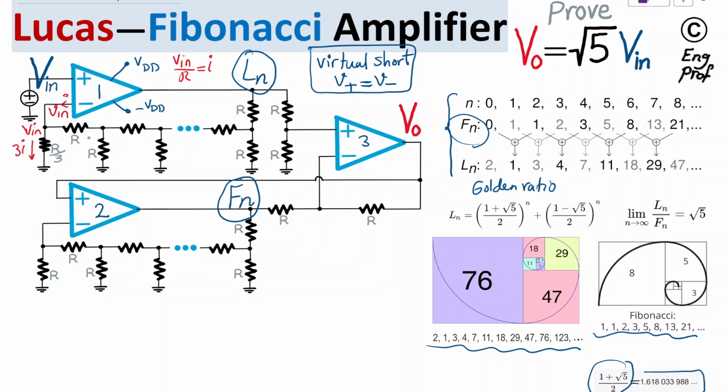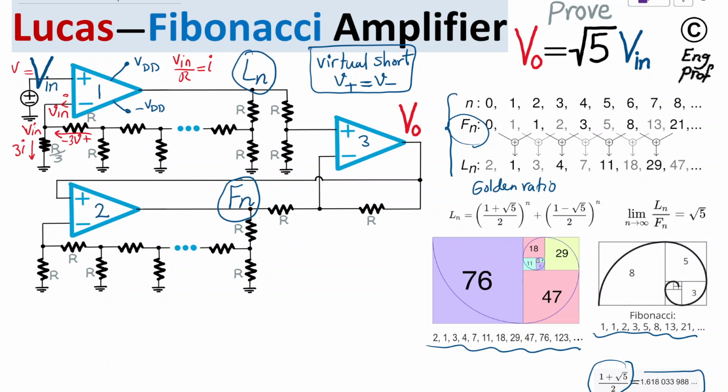That current can only continue going through this resistor. So 3I going through this resistor R, if I just push the R upside so that there is enough space to show you what I'm trying to say, then as a result, plus minus 3V, if V refers to V in, then shows up across this one.